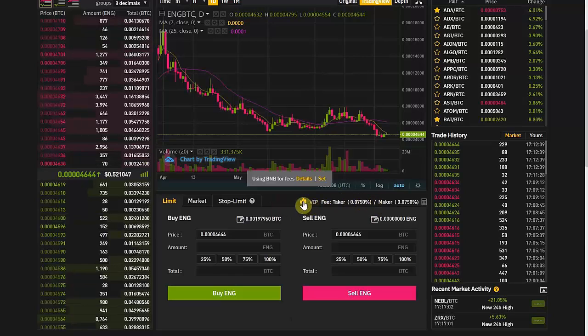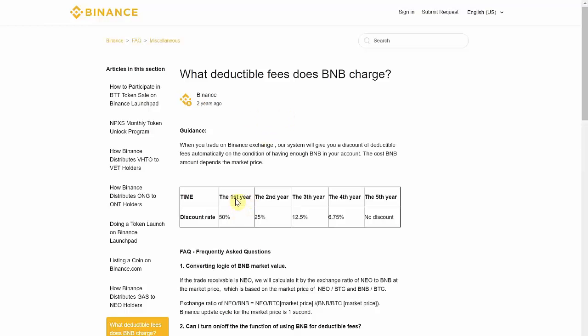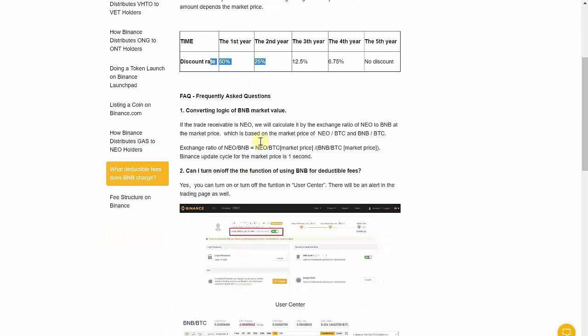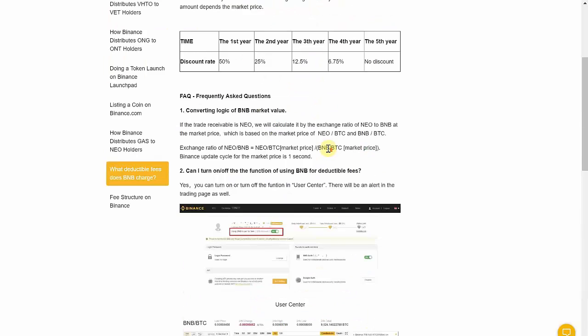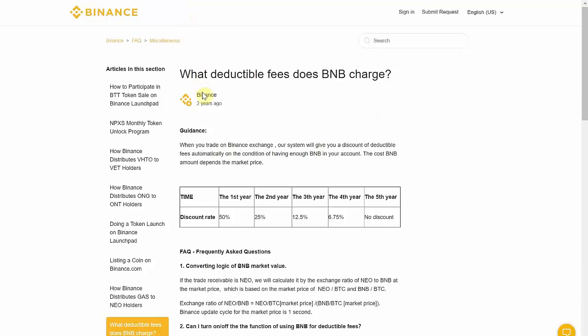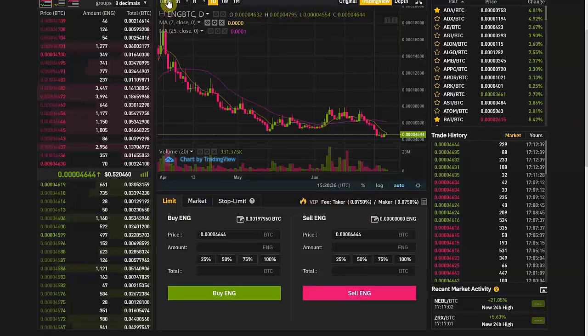I'm not really sure how the thresholds work. You can read about it here. They explain how you convert and how it works, basically, using BNB to pay for your fees. I strongly recommend it.